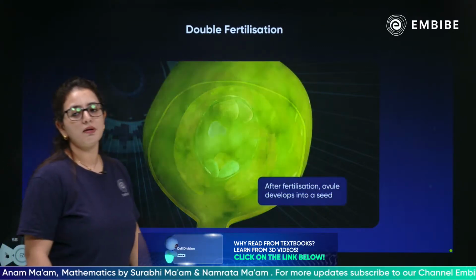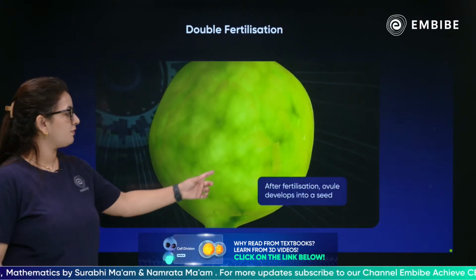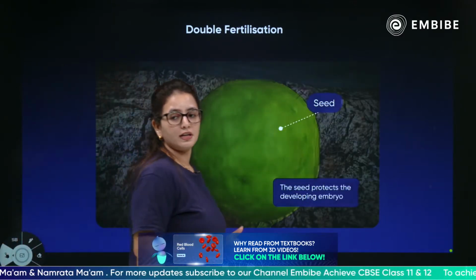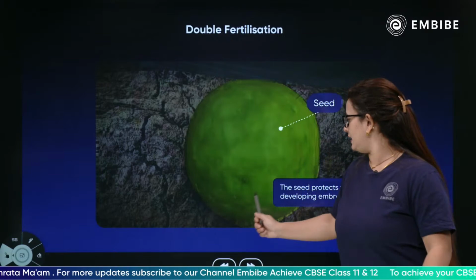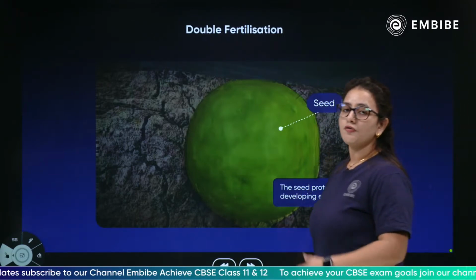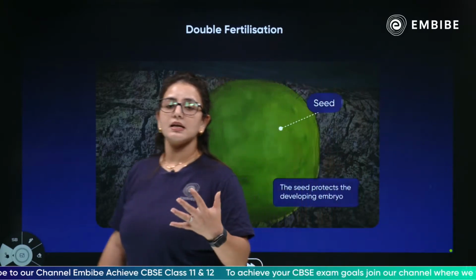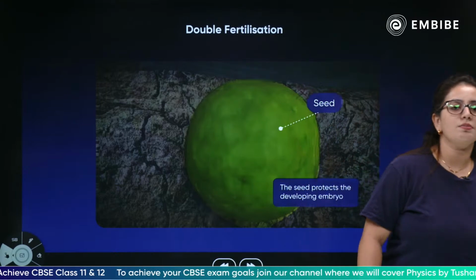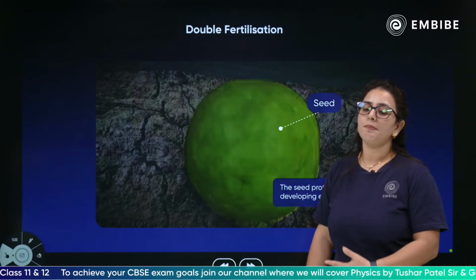After fertilization, the ovules present in the ovary become seed. The seed protects the developing embryo.